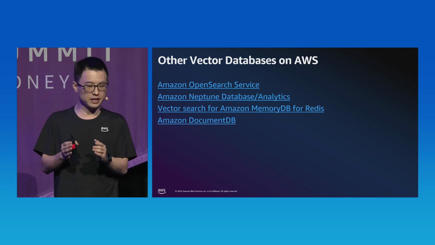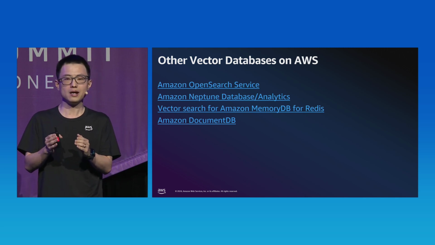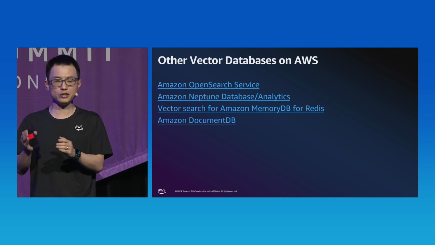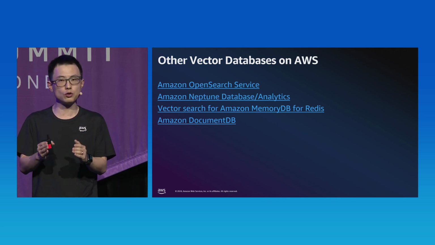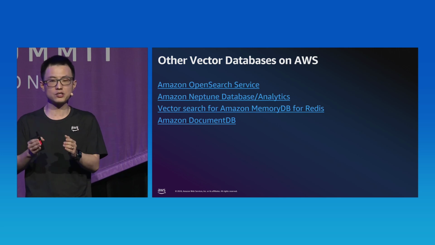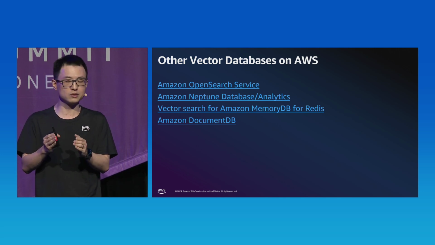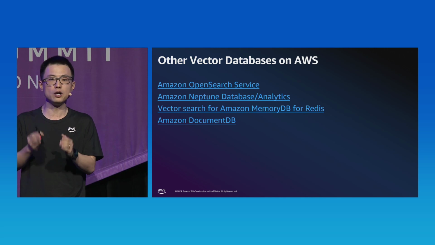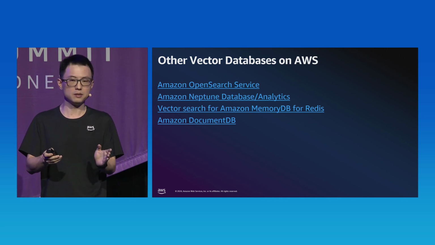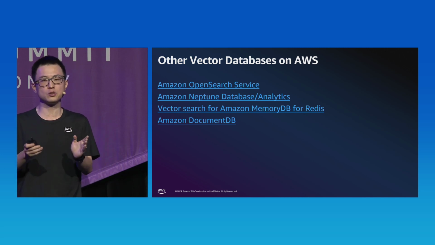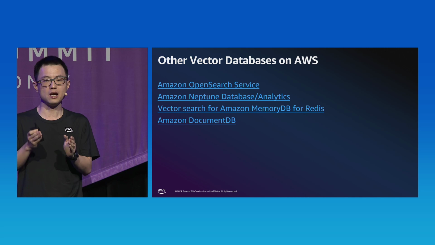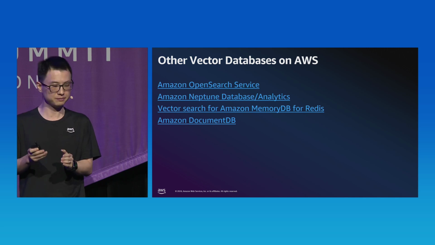And lastly, if you want to build something using a NoSQL database, have a look at Amazon DocumentDB, where you can try vector search for your NoSQL database. I think you can choose the right vector database for your use case on AWS very easily.